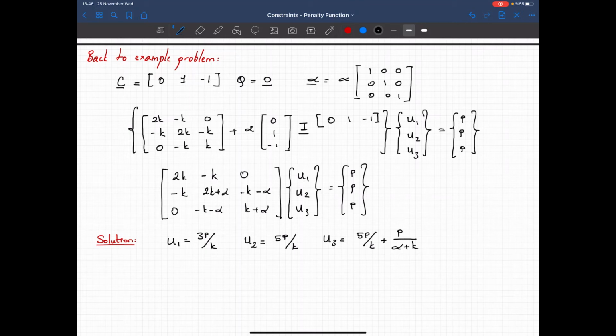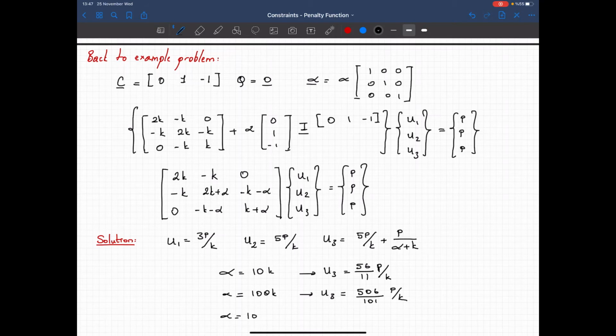Now let's say that alpha is equal to 10k, then my u3 becomes equal to 56 over 11 P over k. Okay, let's give a larger number. Alpha is equal to 100k. In that case, u3 will be equal to 506 divided by 101 P over k.